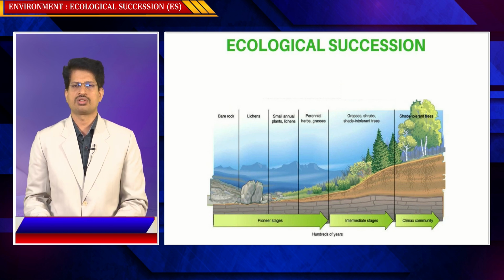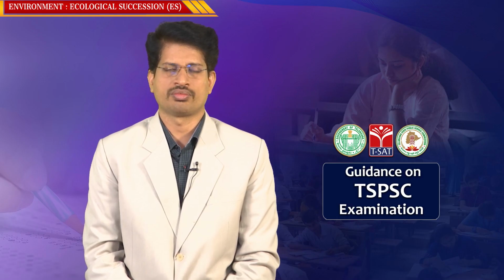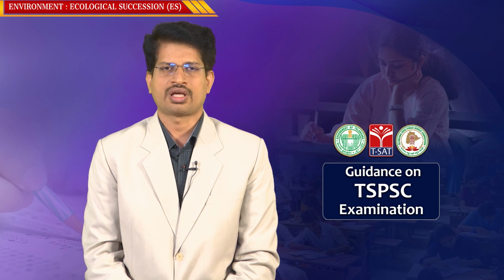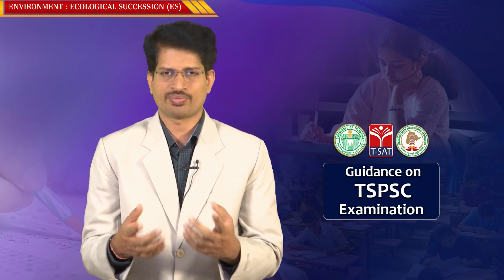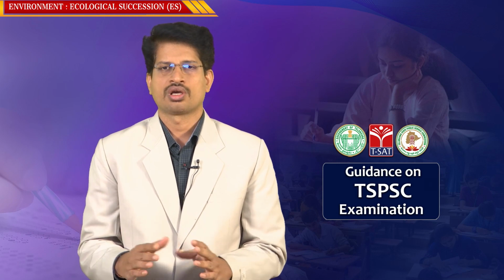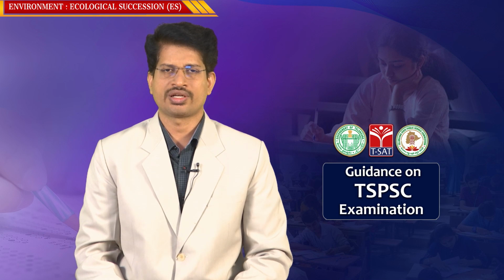In this ecological succession being explained to you, you might have an idea that climax species means they don't change or are going to be established forever, but that is not the fact. When you relatively compare with our lifespan, it seems to be established in an equilibrium without any change.